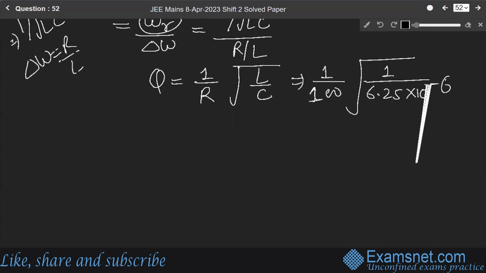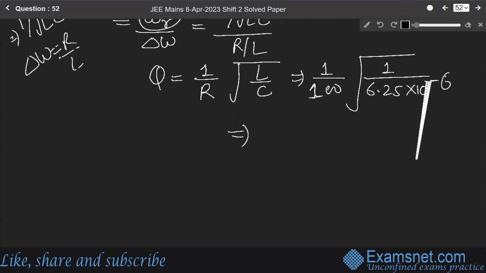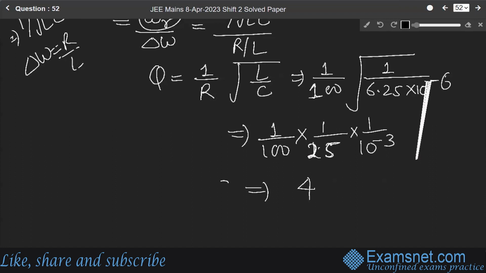Solving this, the under root of 6.25 is 2.5, into 1 over 10 to the power minus 3. So solving it, we get 4. The quality factor is equal to 4.